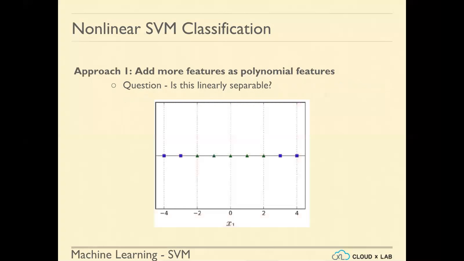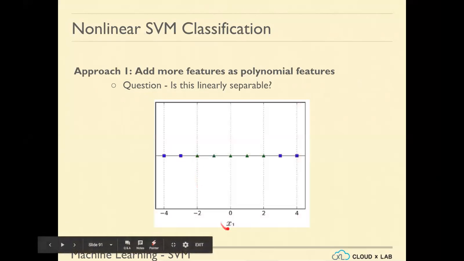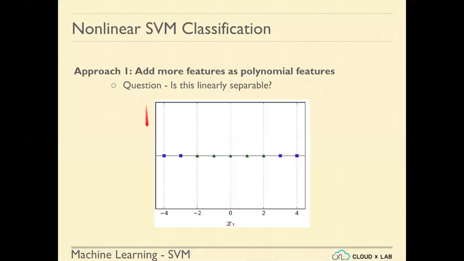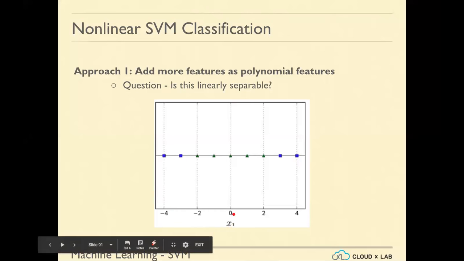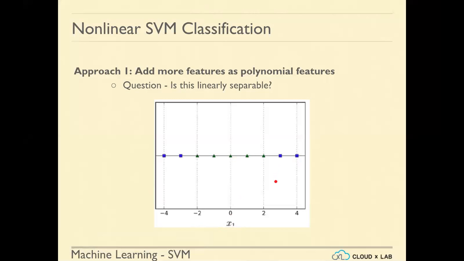Let's take a look at it. Now, imagine that we have two classes, squares and triangles. For some feature x1 and some feature x2, this is how it looks. So this is x2 and this is x1, and this is how the data set looks. Can you separate triangles and squares with a straight line?